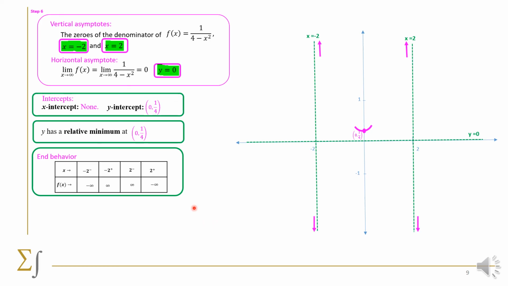Next, also we have the horizontal asymptote. We see that this end should be here, not above, because the curve will not intersect the x-axis. As we know, there are no x-intercepts, so we have to put this end here, and the other end, as x goes to infinity, we put it here, not on top of the curve. Otherwise, when we connect, it will cut the x-axis.